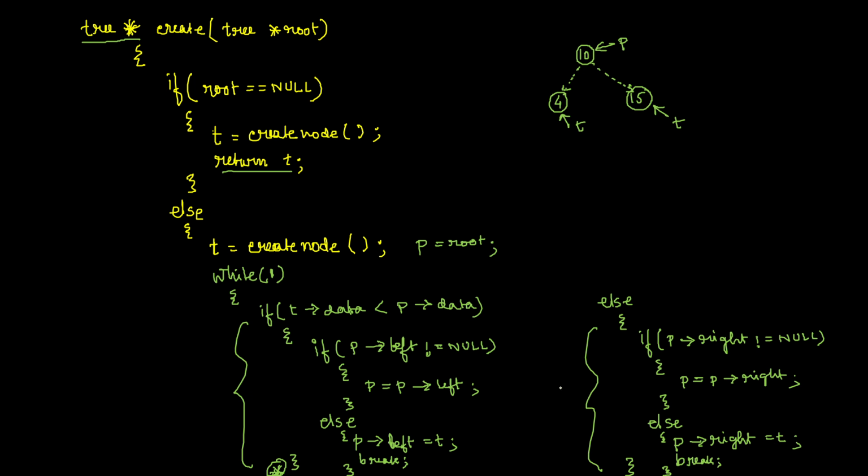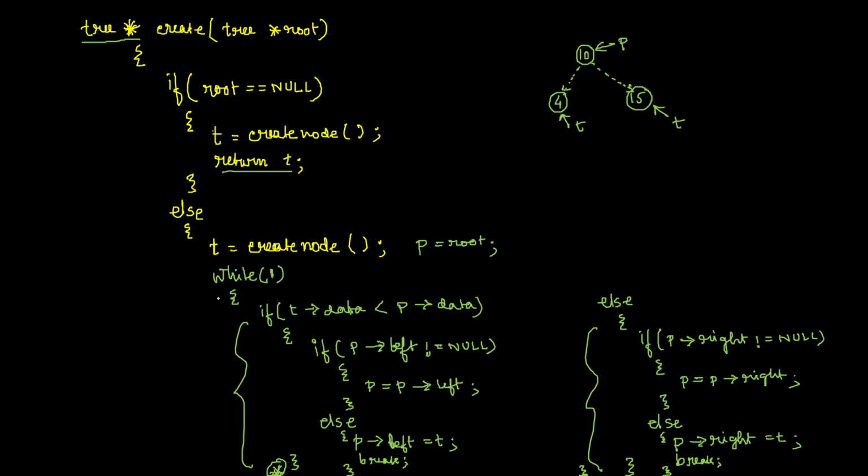Now this whole while loop ends here. After this else, I don't have any space to write the end of this while loop. That's why you have to imagine it. I must have an end of the while loop over here.